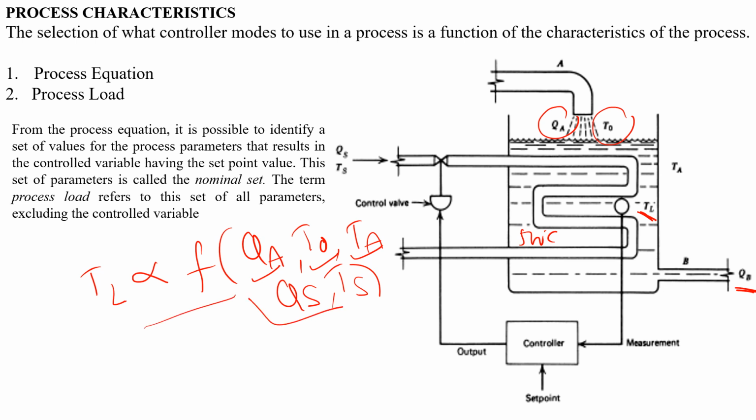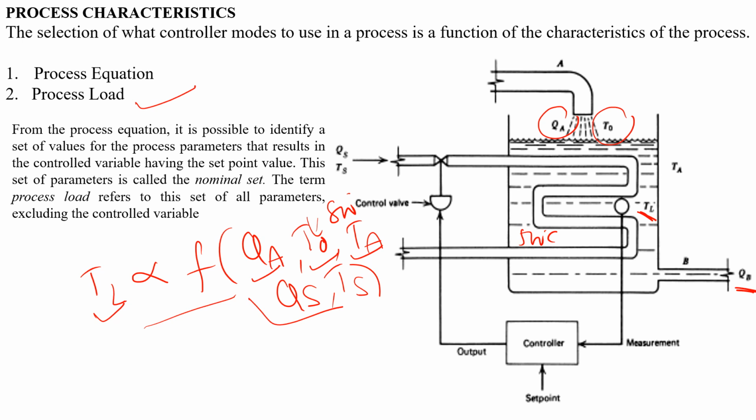Among these variables, my target is the one I have to maintain. Except this process variable, the other variables are considered as process load. For example, I said the initial temperature is 400 degrees Celsius, but if you suddenly increase this T naught from 400 to 800, definitely it will change the scenario.